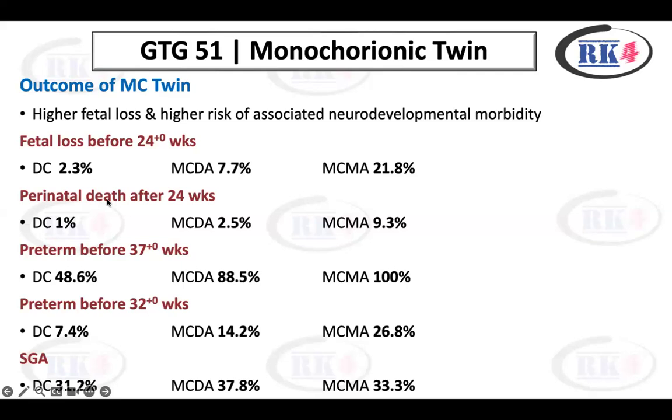So I deliberately kept these percentages as points. I'll give you a tip here to read the percentages in every guideline or article. You can round off these numbers. If it is 7.7, you can just mark in your mind, okay, it's around 8%. And if it is 21.8, that means it's around 22%. This 9.3 would be rounded off to 9%. So you have to understand this and try to memorize it.